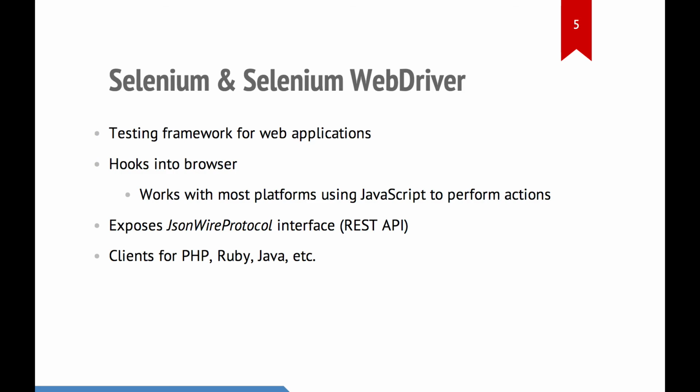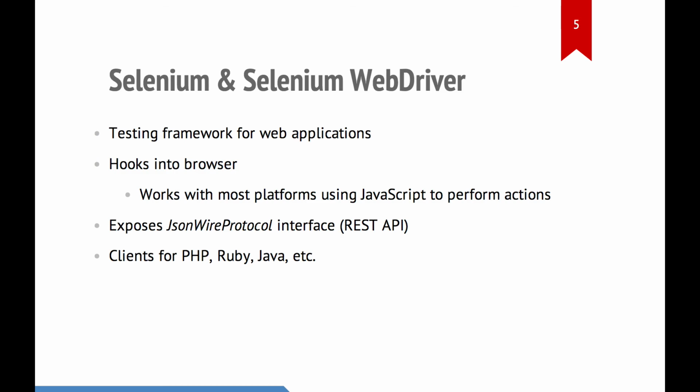And then it exposes this thing called the JSON Wire Protocol, which is basically a simple REST API to your browser, which is kind of cool, thinking about how you can make GET requests to your browser to open a website, or find an element and stuff like that.